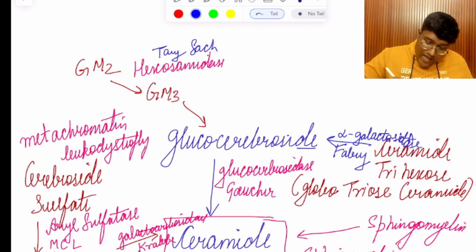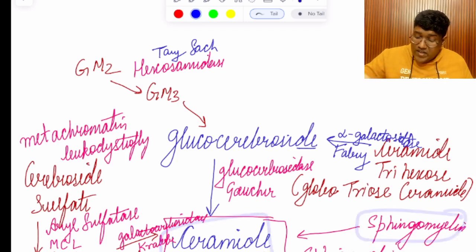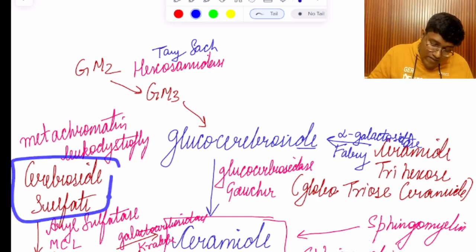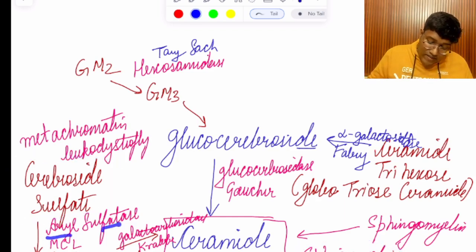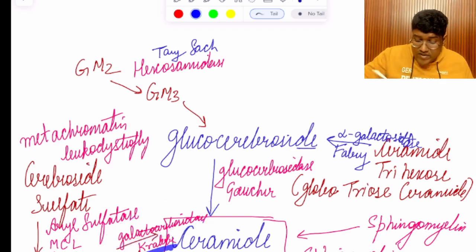Okay, and then we'll talk about this. Sphingomyelin should convert to ceramide. The deficiency of that is Niemann-Pick disease due to sphingomyelinase deficiency. Cerebroside sulfate should be broken down by aryl sulfatase, and the deficiency of that is metachromatic leukodystrophy. Galactocerebroside should convert to ceramide through galactocerebrosidase, and the deficiency of that is Krabbe.